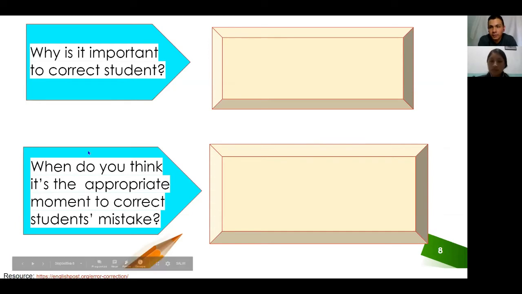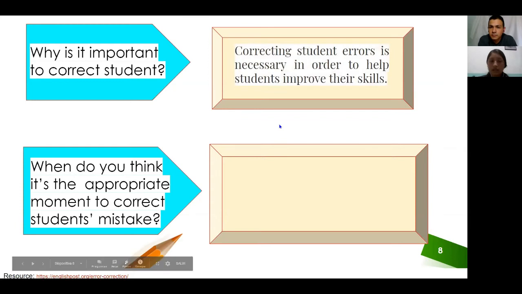So it's good for us to correct our students. Exactly, I have this answer here as well. It says correcting students' errors is necessary in order to help students improve their skills, because if you help them correct their mistakes, they will learn and improve a lot.